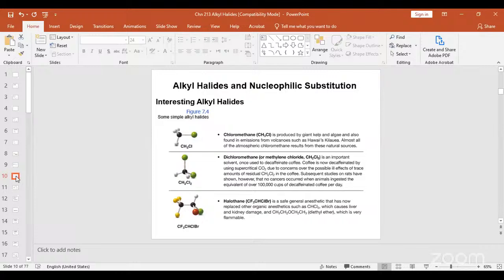We have dichloromethane, which is often a very important organic solvent.